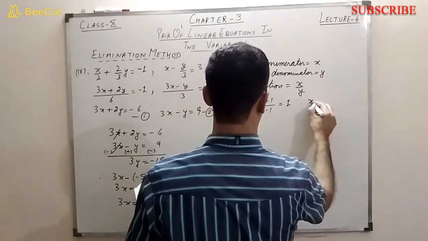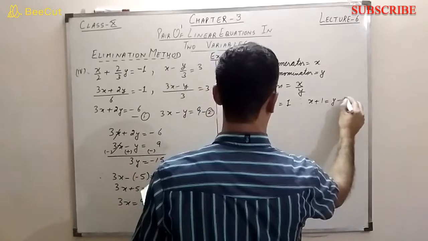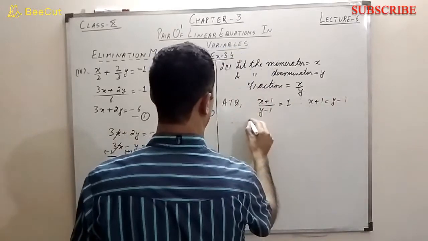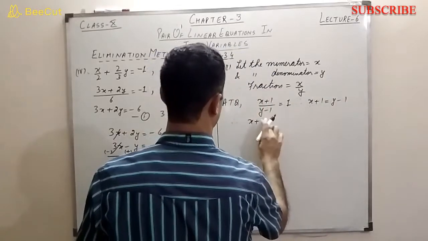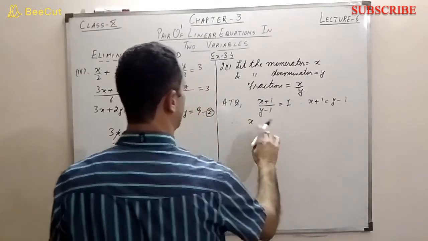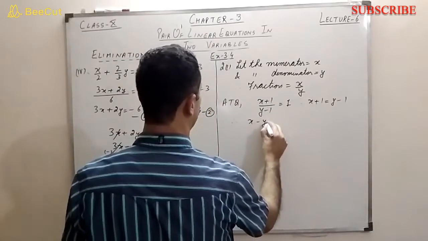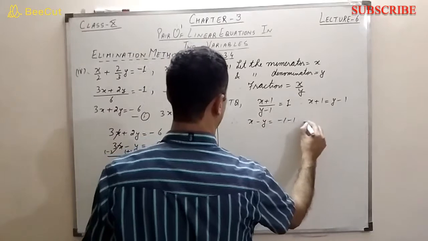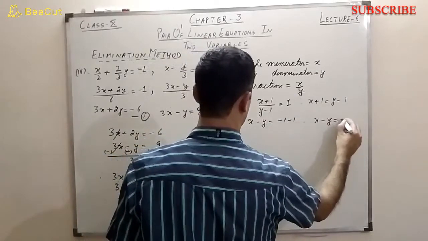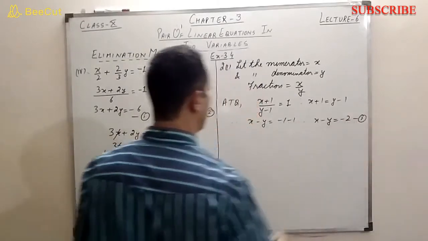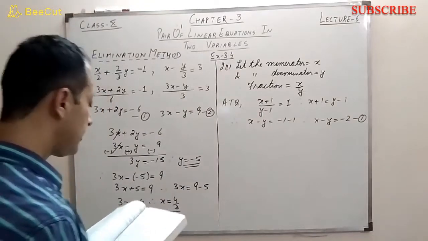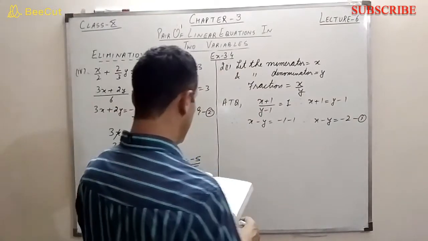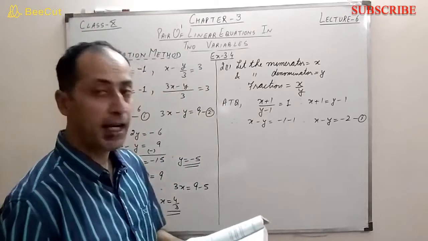So therefore x plus 1 is equal to y minus 1. Therefore x plus 1, we can shift this y to the left side. This is x minus y equals to minus 1 minus 1. Therefore x minus y equals to minus 2. This is our first equation, right? Then what is given? It becomes 1 by 2 if we only add 1 to the denominator.